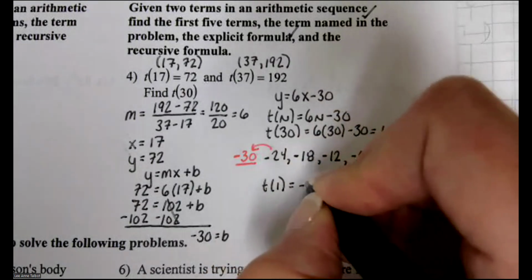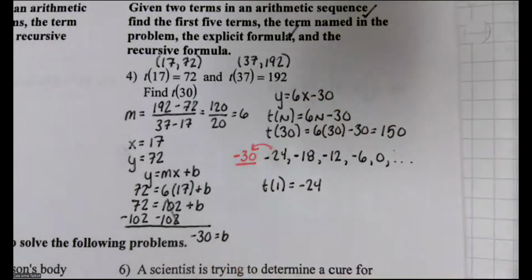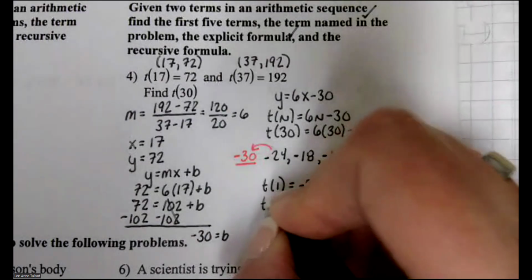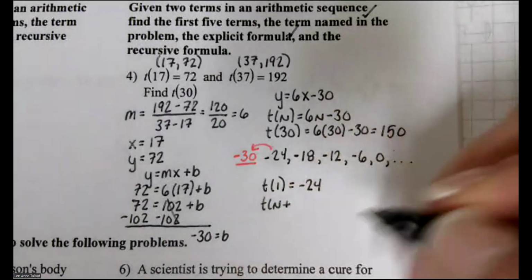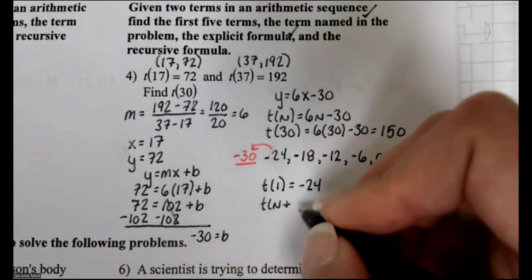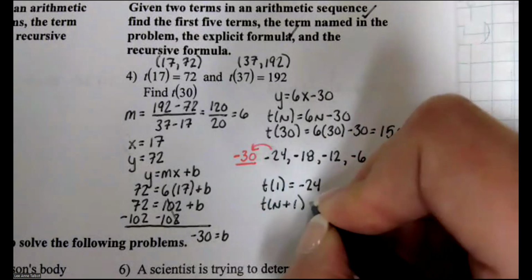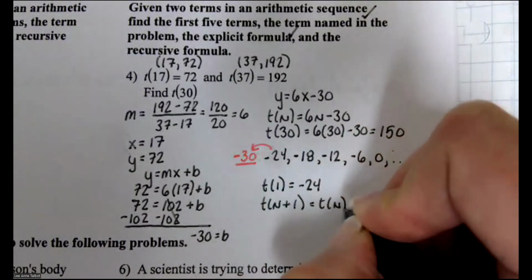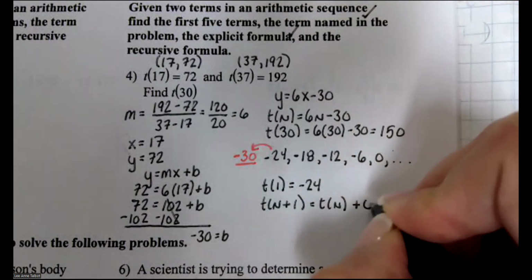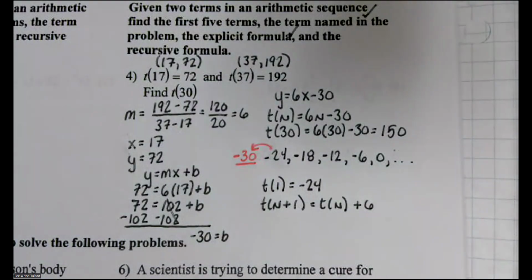First term is negative 24. I had to write super tiny. This is what we learned yesterday, so this might be hard still. To get the next term, I take my current term and add 6 each time.